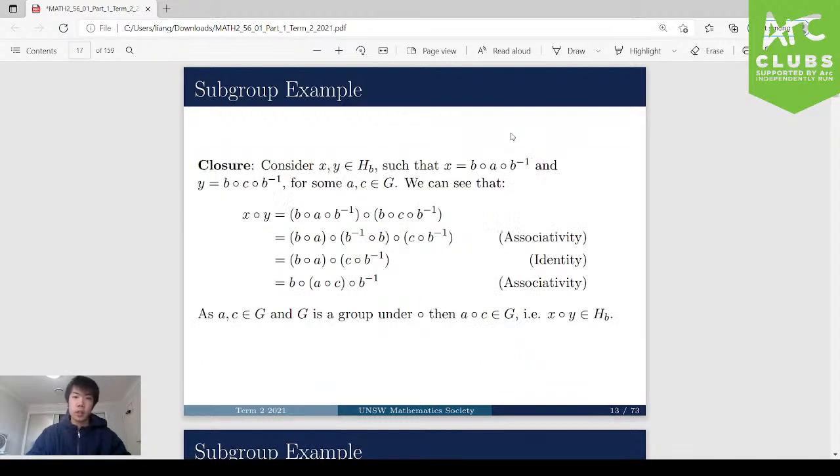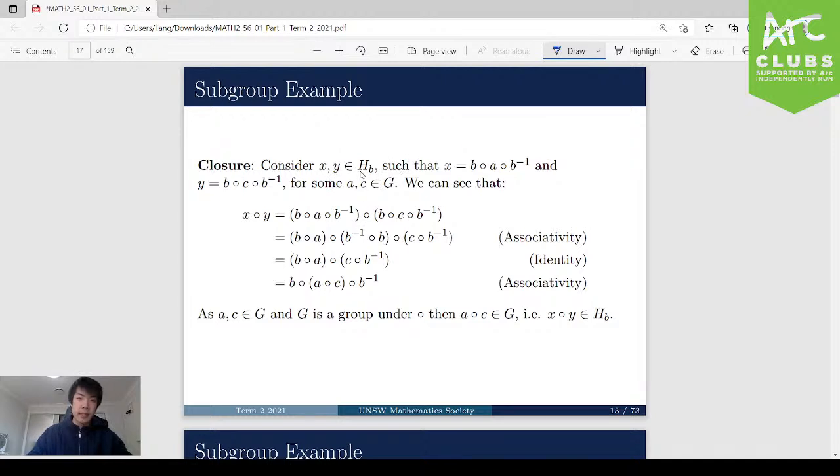The first dot point is closure. Consider X and Y being elements within H such that X equals B dot A dot B inverse and Y equals B dot C dot B inverse for some A and C within G. Again, just like how we proved something was a group in the very first example, we said X and Y within this particular group, and in the first line stated what that means.